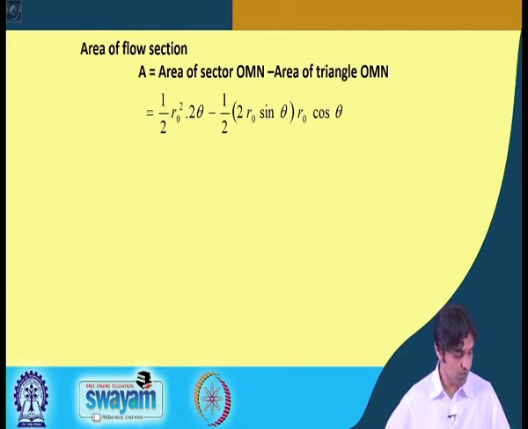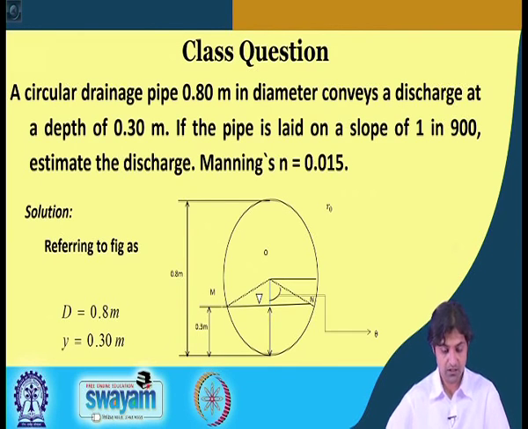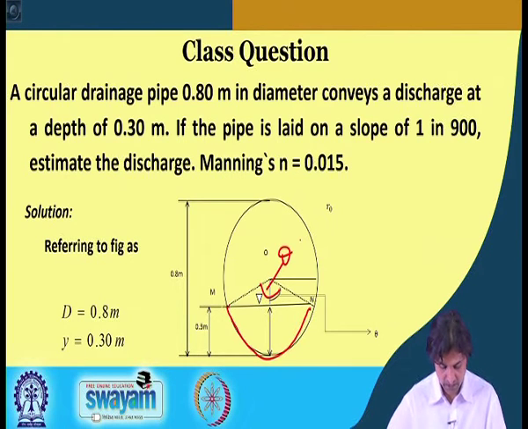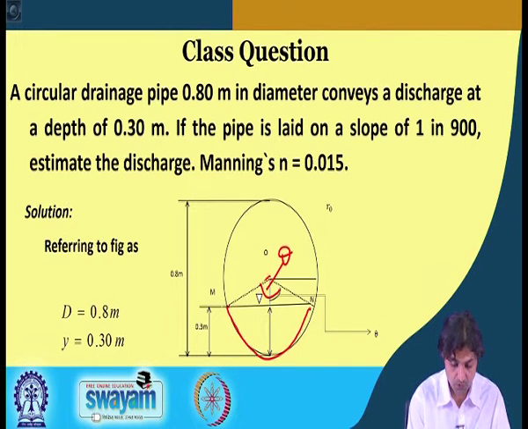So, the area of the flow section shown here has to be calculated in terms of this angle theta. This will be the area of the sector OMN minus the area of the triangle OMN.